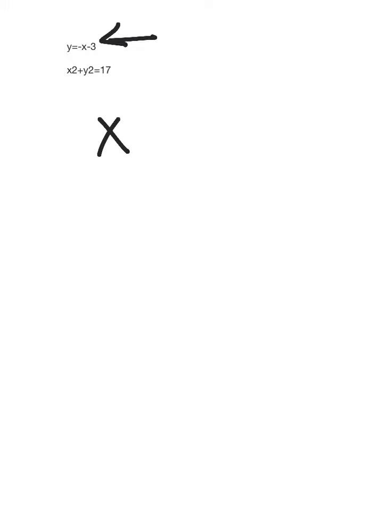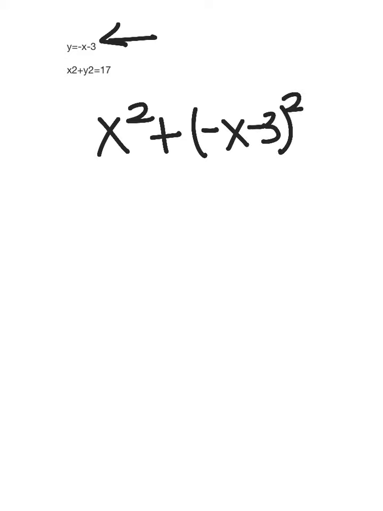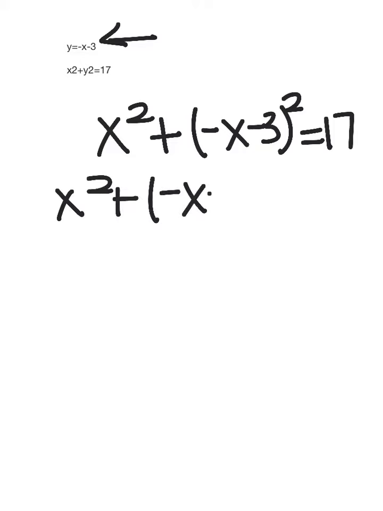So it says here x squared plus y, which is in this case negative x minus 3, squared equals 17. From that we can solve the equation by going x squared plus negative x minus 3 times negative x minus 3 equals 17.